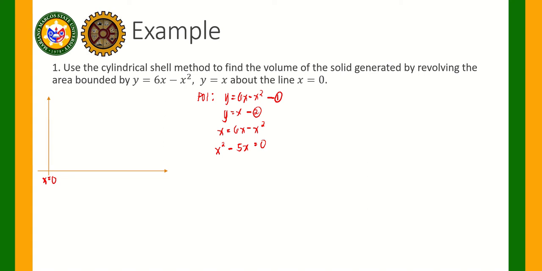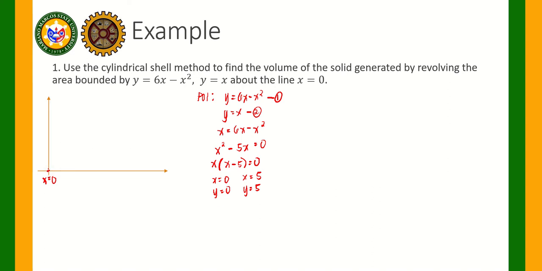And then, isolate natin si x since common sa kanila, and we will be left with x times x minus 5 equal to 0. Therefore, the values of our x's is equal to 0 and x equal to 5. Now, when x is equal to 0, y is equal to 0. When x is equal to 5, y is equal to 5 since they are equal according to our equation number 2. So, 0, 0, and 5, 5 are the points of intersection ng ating mga function.